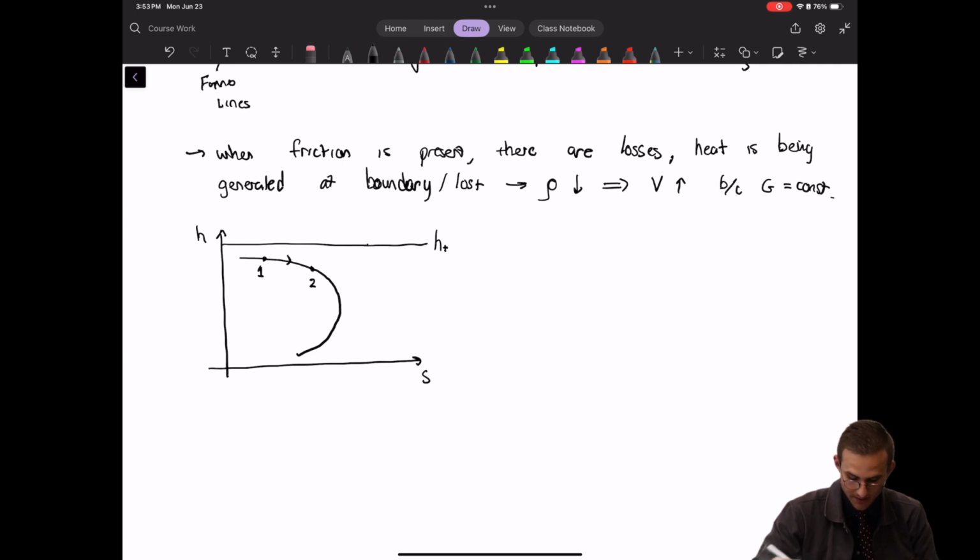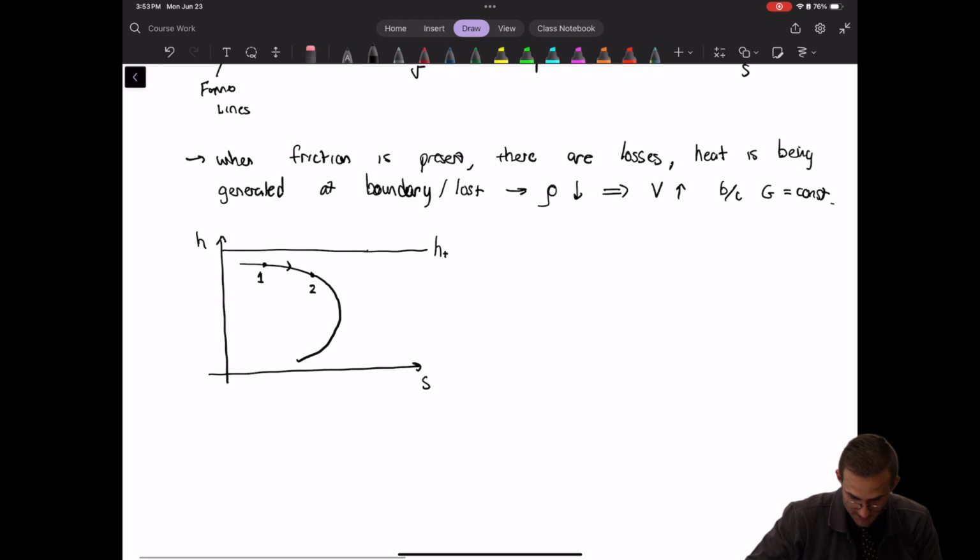The flow on the top branch is always progressing to the right, right? And we can draw the pressure contours on this plot. They sort of look like this. Let me draw them in a different color, in blue.